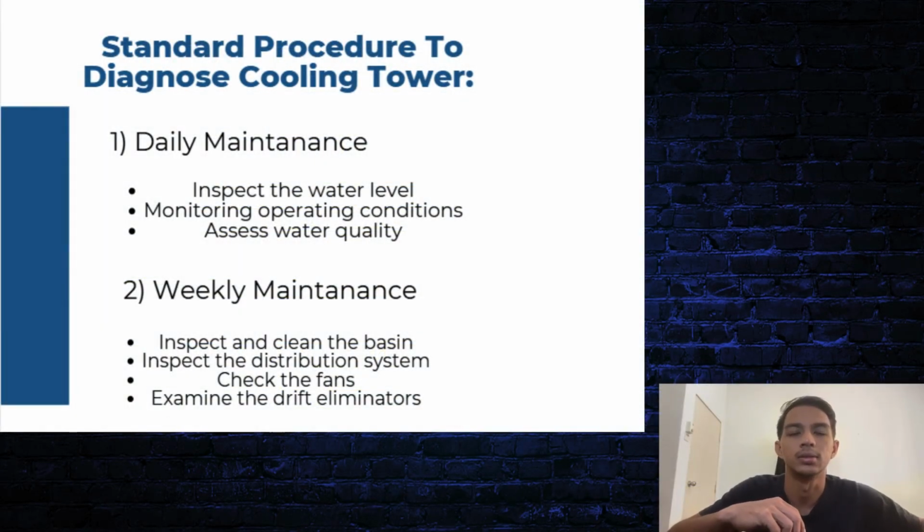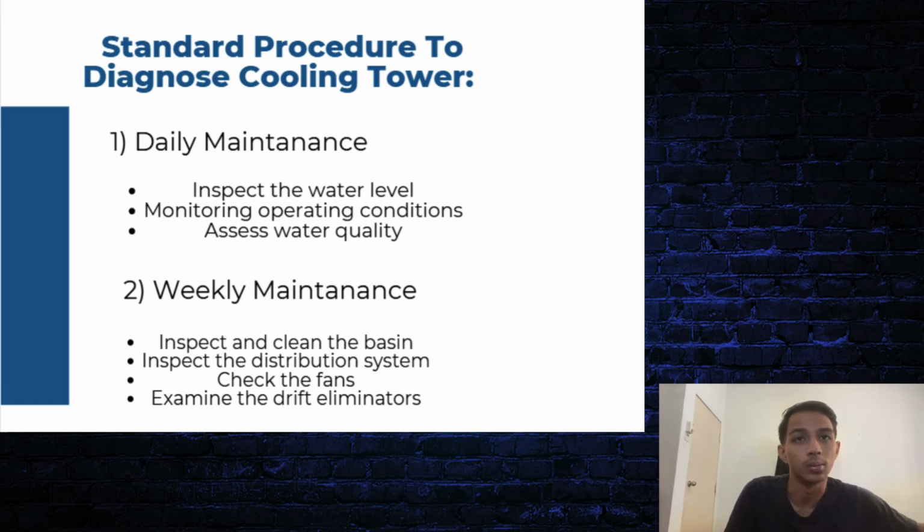Next, standard procedure to diagnose cooling tower. We have three standard procedures: daily maintenance, weekly maintenance and monthly maintenance. For daily maintenance, we need to inspect the water level, monitor operating conditions and assess water quality.